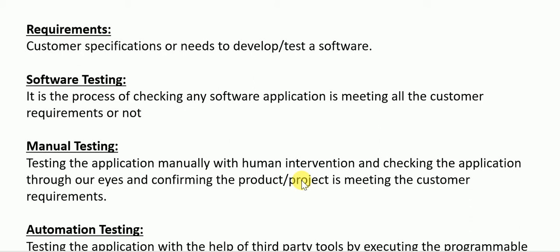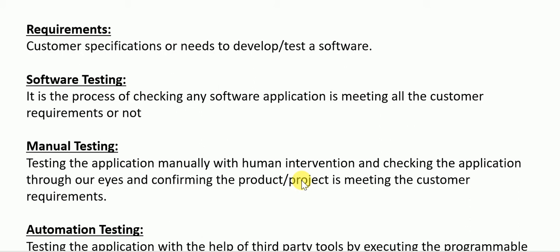Everything, in diagram representation, is put into a document. That document is shared with the development team and the testing team, so everybody can easily understand the requirements of the particular application.